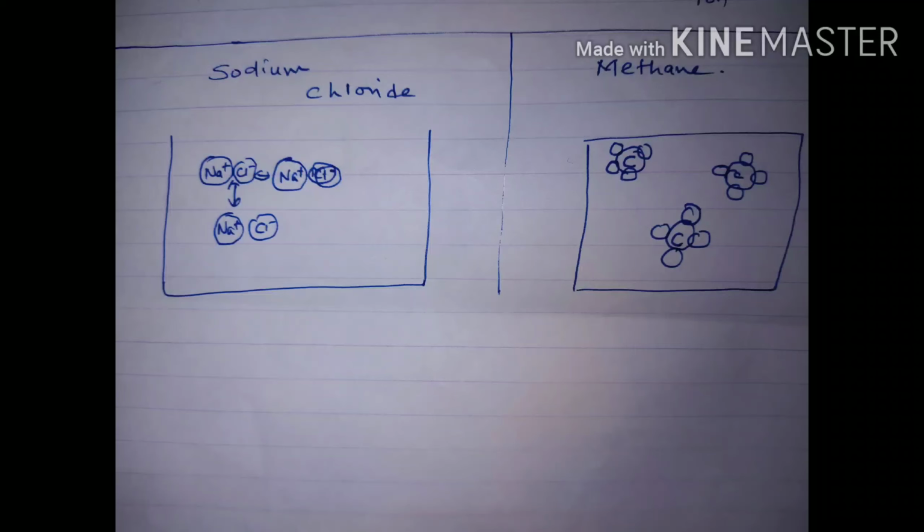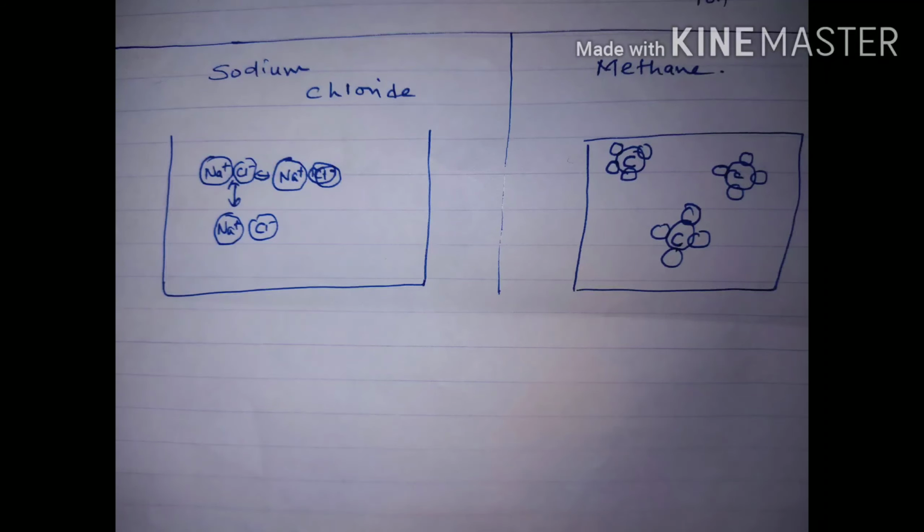At the same time, Na plus will attract another Cl minus ion in the surrounding. In this way, there is a very strong electrostatic force between NaCl molecules, and therefore the molecules remain close to each other and in the solid state.